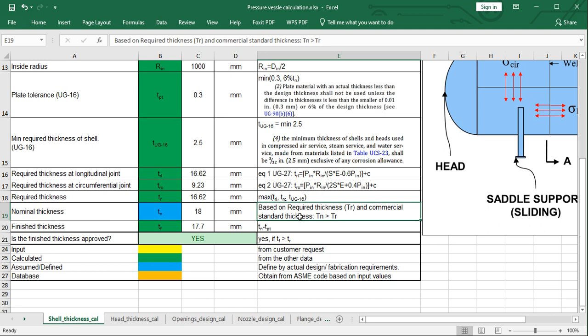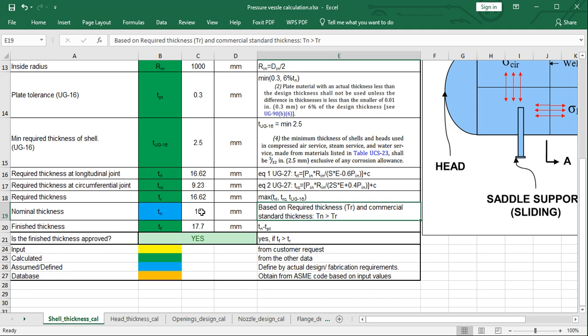It comes in many different thicknesses like 14, 16, 17 or 18 millimeters. In this case, the nominal thickness I select is 18 millimeters, which is larger than the required thickness.